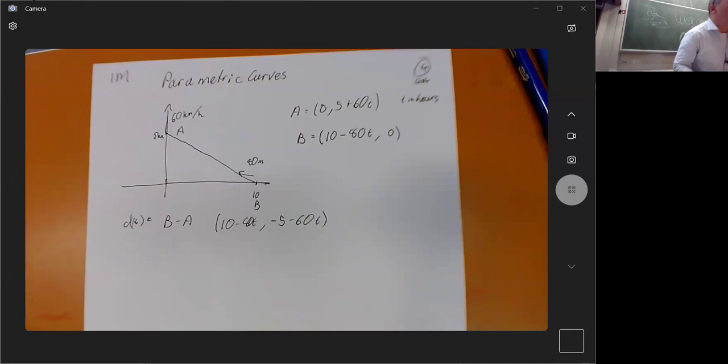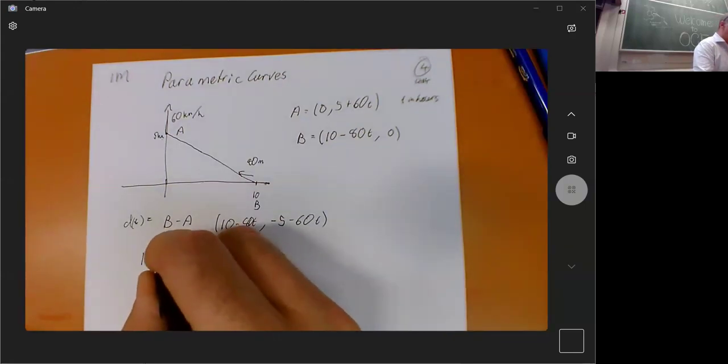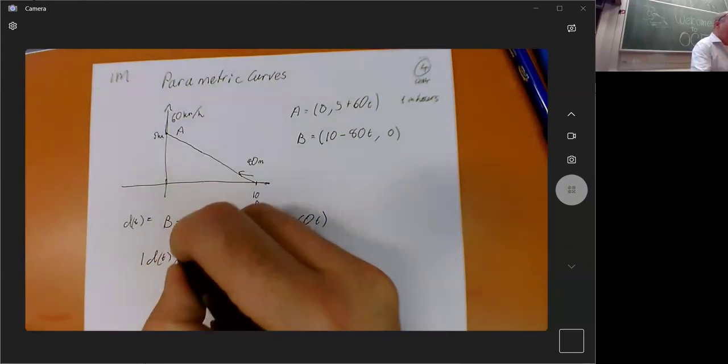So what does the question say? What is the rate of change of the distance between them? I want the distance between them as opposed to the vector, so I actually want the length of the vector between them.